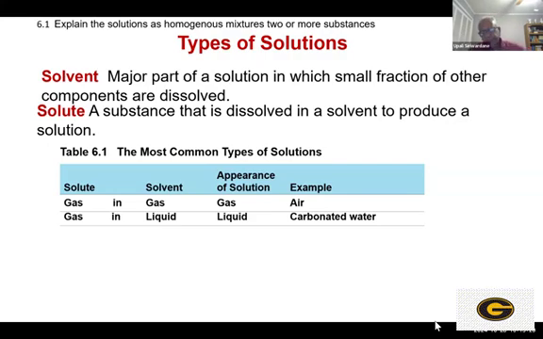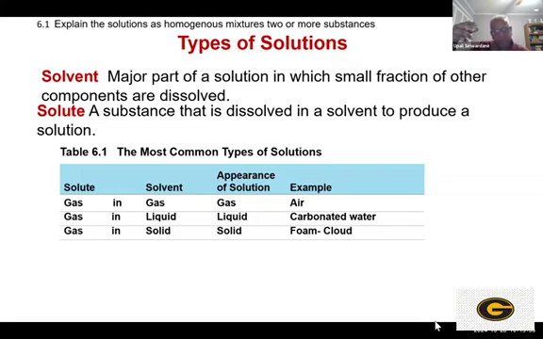Gas also could be dissolved in a liquid, like carbonated water. The solvent, the liquid, decides the physical state of the homogeneous solution. Gas dissolved in liquid is another type. There are different combinations of two components based on physical state. Gas dissolved in a solid. You can dissolve gas in a solid.